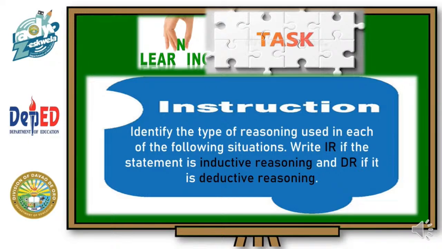Again, on your answer sheet, write only IR for each item if it is inductive reasoning, and DR only if it is deductive reasoning.